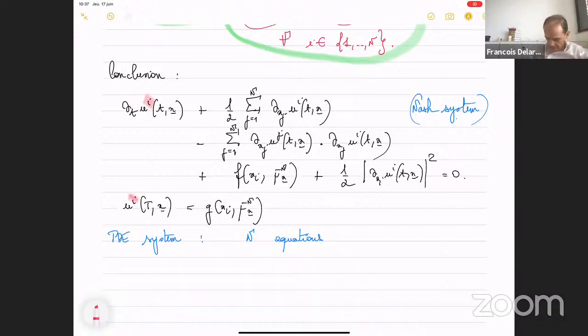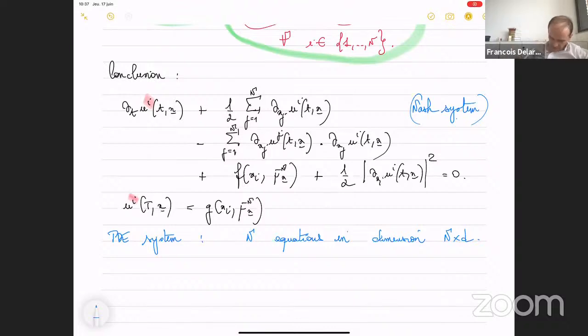And each equation is in dimension n times d. So now I guess that you really understand the numerical difficulty to solve these kind of things. It could be a mess to put this in the machine. And so this is one of the reasons why taking the limit is indeed a very good point to reduce the complexity.